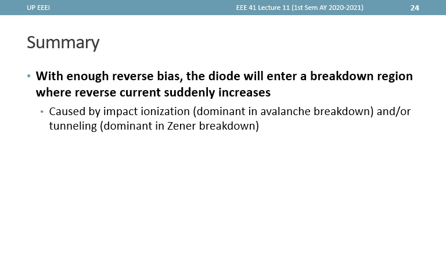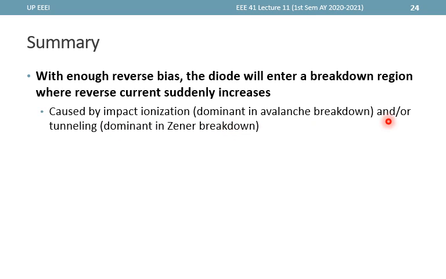So in summary, with enough reverse bias, the diode will enter a breakdown region where reverse current suddenly increases. This is caused by impact ionization, which leads to avalanche breakdown, or tunneling, which is the dominant process in Zener breakdown.